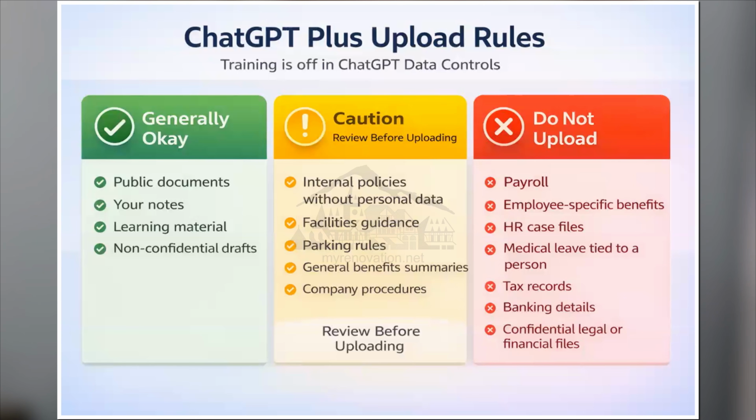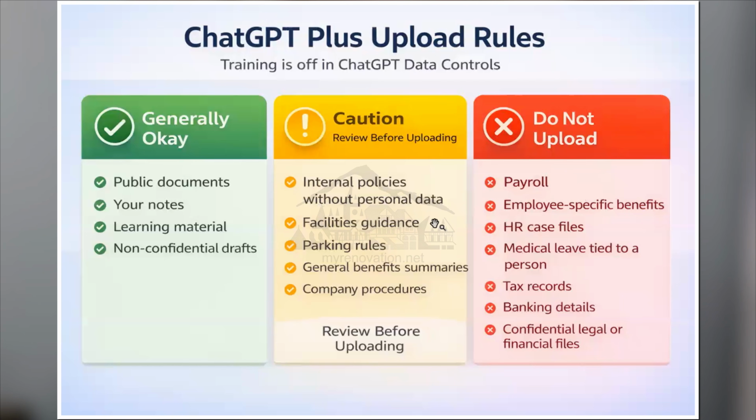Another category is the caution, or be careful, information. If you work in a company and you have an internal policy and you upload it, that is okay if it is without personal data, because once this internal policy has personal data, it will move into the red category, which is do not upload.